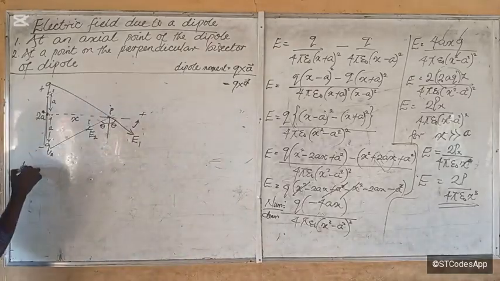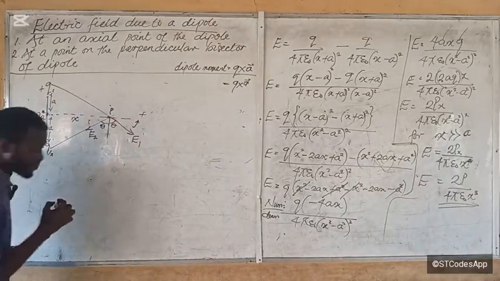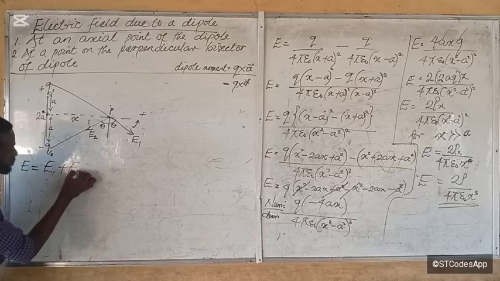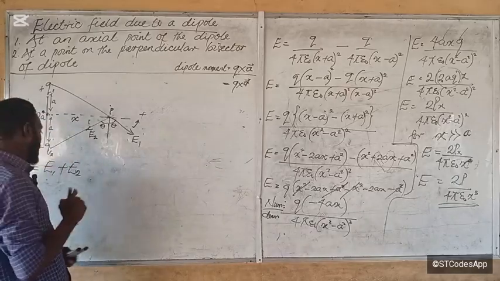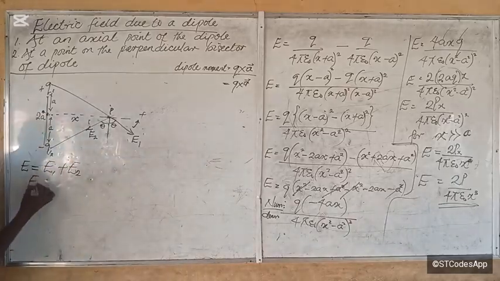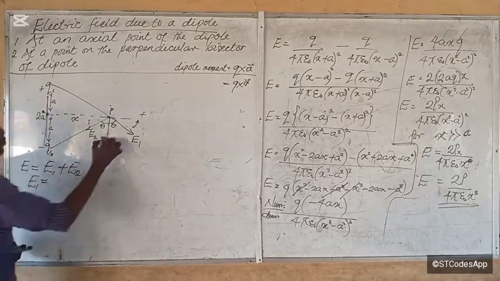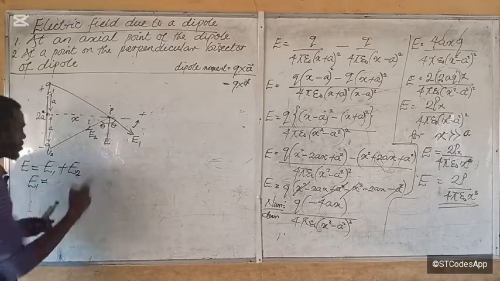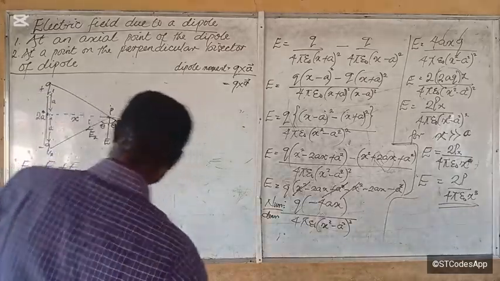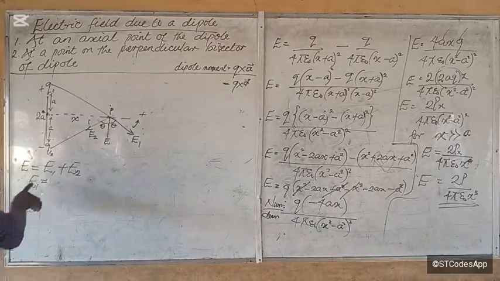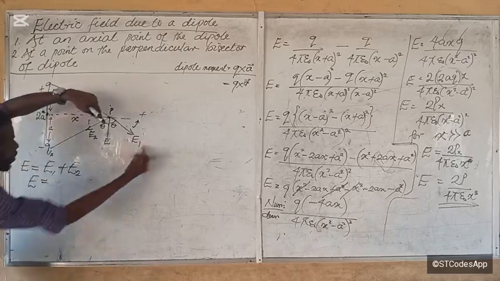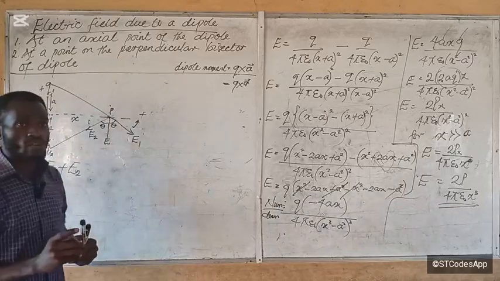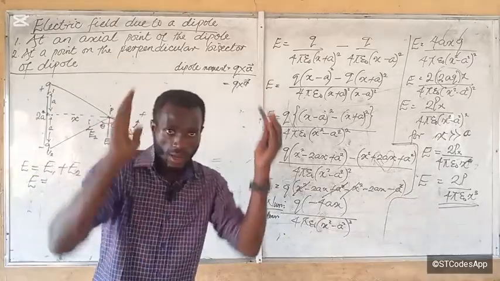Okay. So also here, our electric field is going to be equal to E1 plus E2. But the point is that, sorry, I didn't write that well. Yeah, this is the same thing. So E is going to be E1 cos theta. I said the sum of the electric field is going to be just the y component.